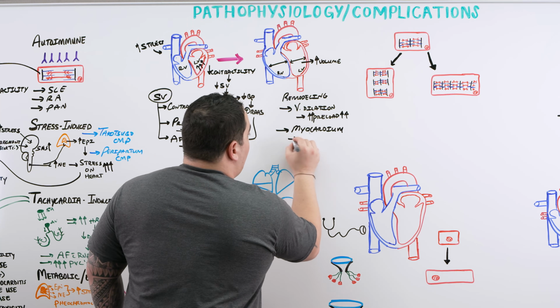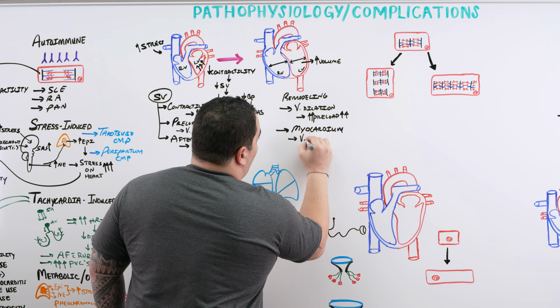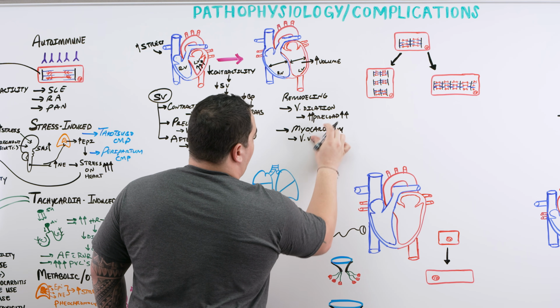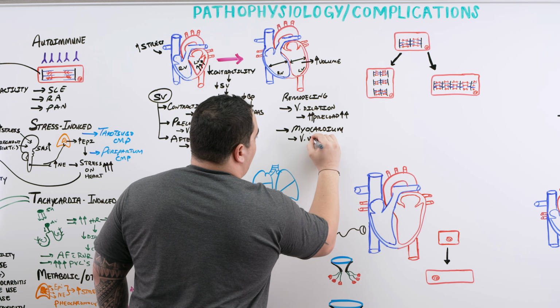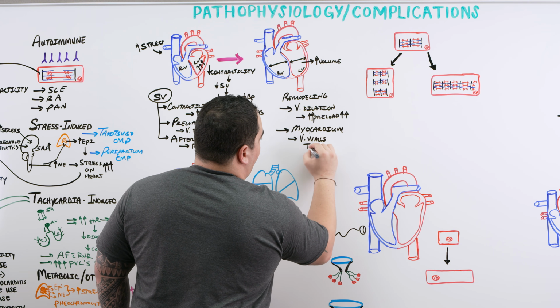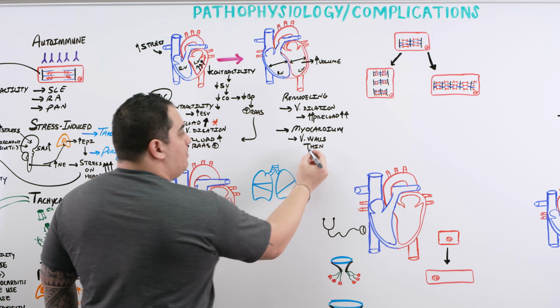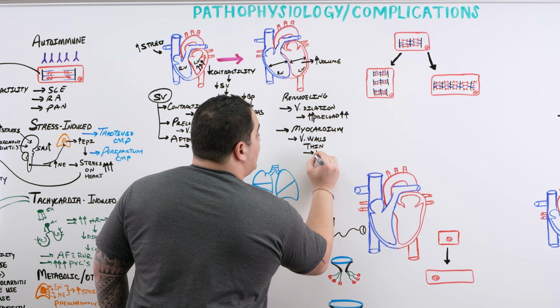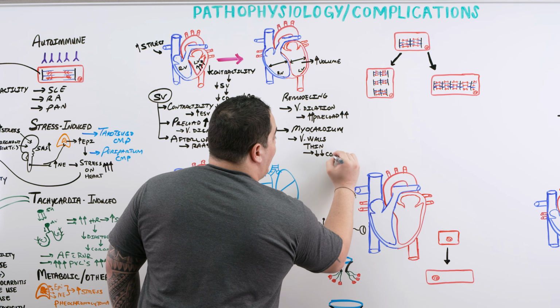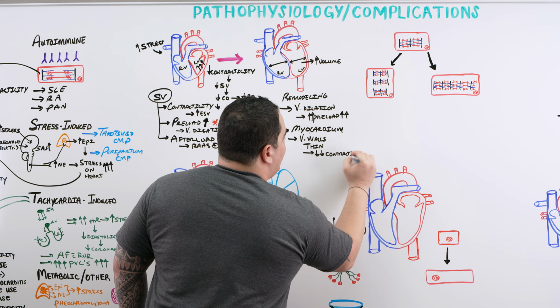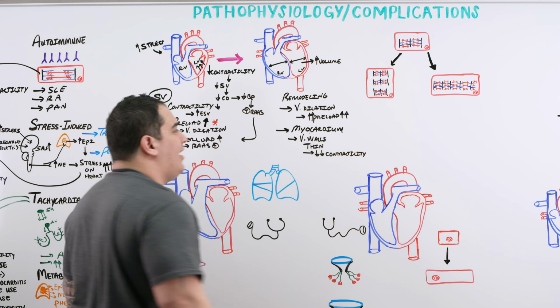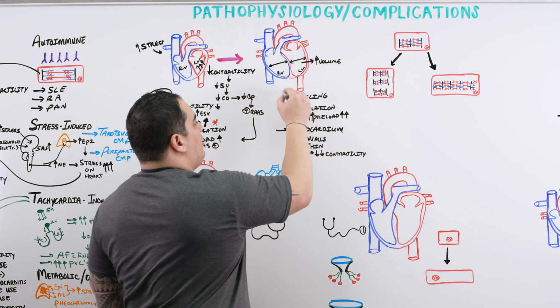So the ventricular walls will actually start to thin. This becomes even more problematic because it drops the contractility even more. You see how they were trying to help the heart out, but this remodeling process actually makes things worse.